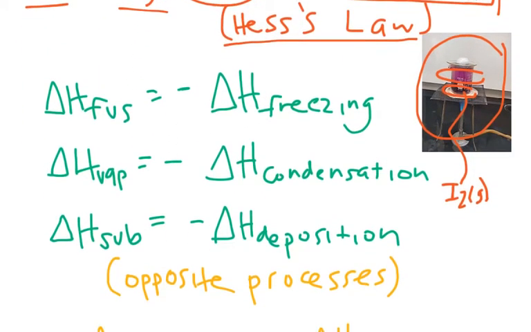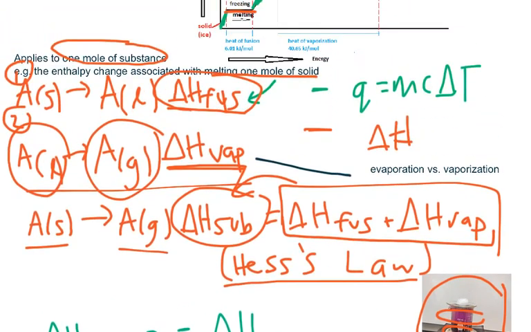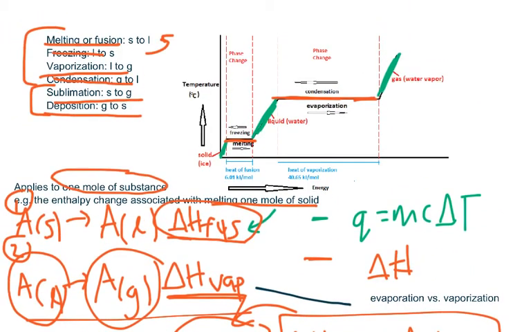Now let's first talk about how this works. During this part of the graph, you are going to use ΔH of fusion, and on this part of the graph, you are going to use ΔH of vaporization, since these two involve phase changes. Now, what about these green areas?